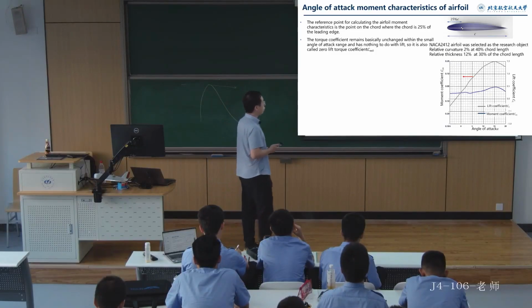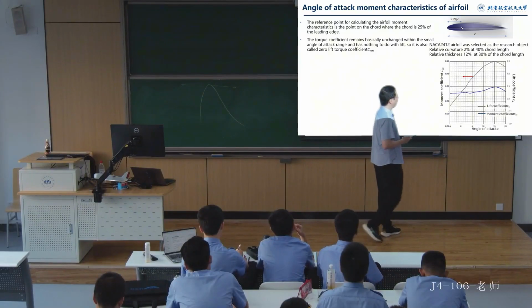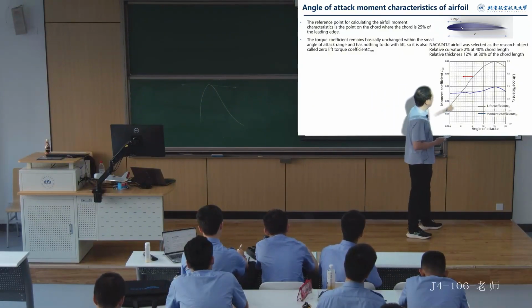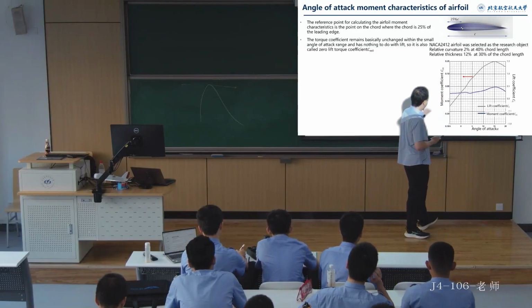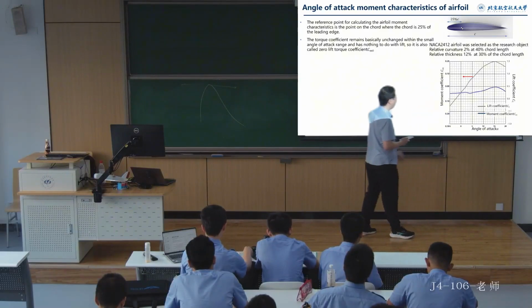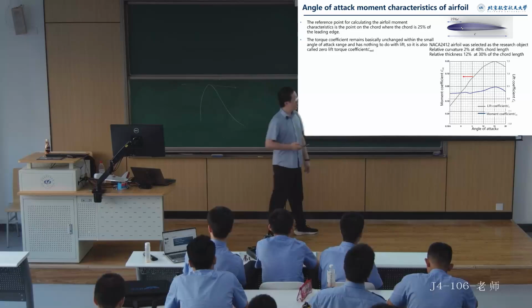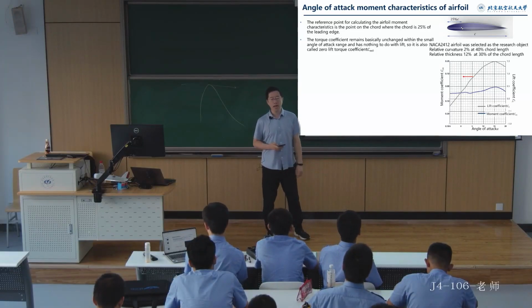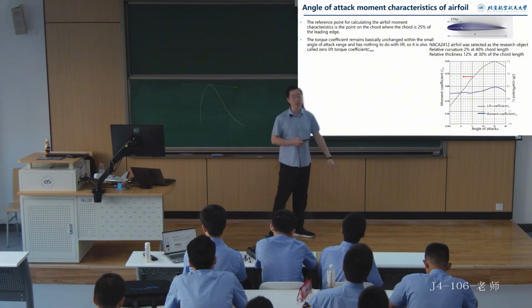Now, let's observe an airfoil like the NACA 2412. As the angle of attack changes, this gray line represents the change in the lift coefficient. We have already mentioned this earlier. And the blue line represents the change in the moment coefficient. Here we can see that, in the case of small to medium angles of attack, if we take the moment at the 25% point, what characteristic do we observe?